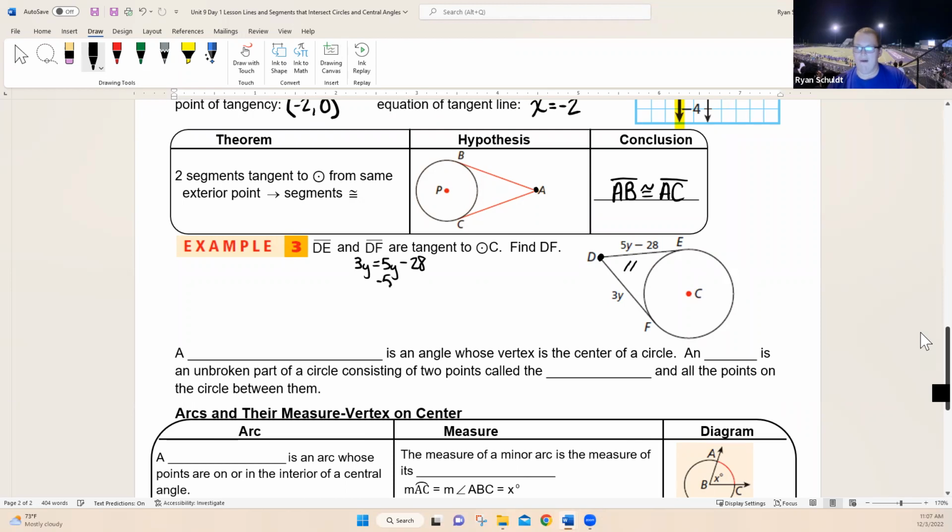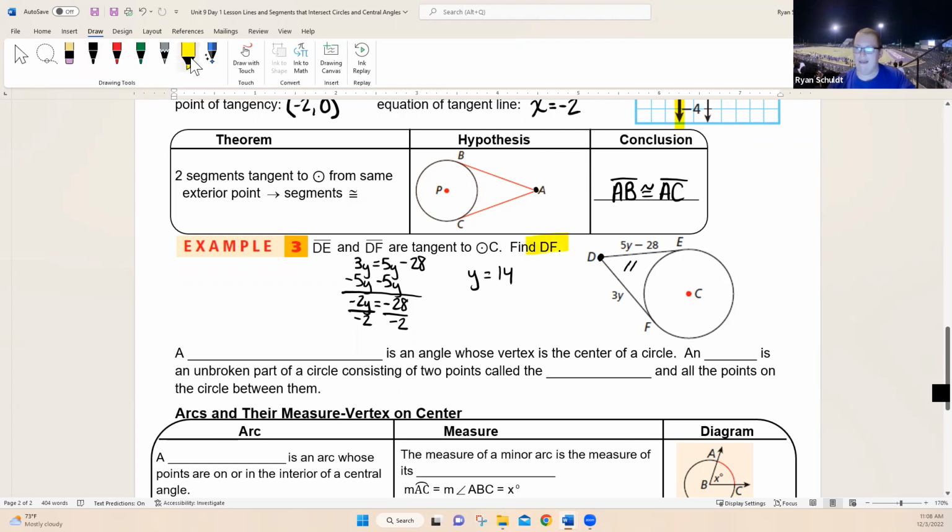We're going to move the 5y over. Negative 2y equals negative 28. Divide by negative 2. And we get y equals 14. Are we done?